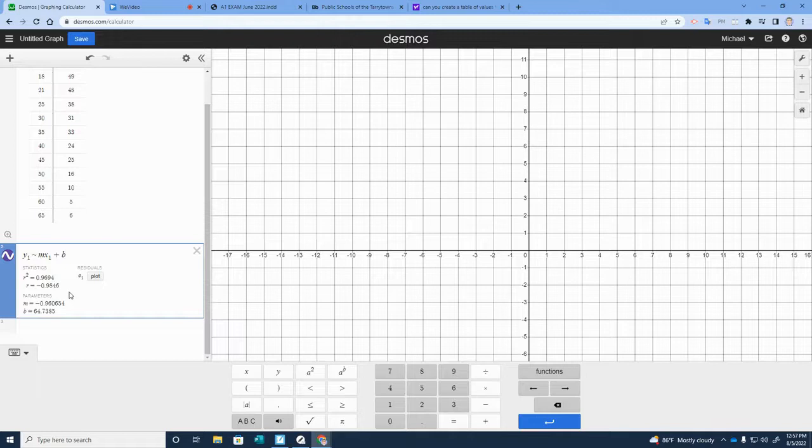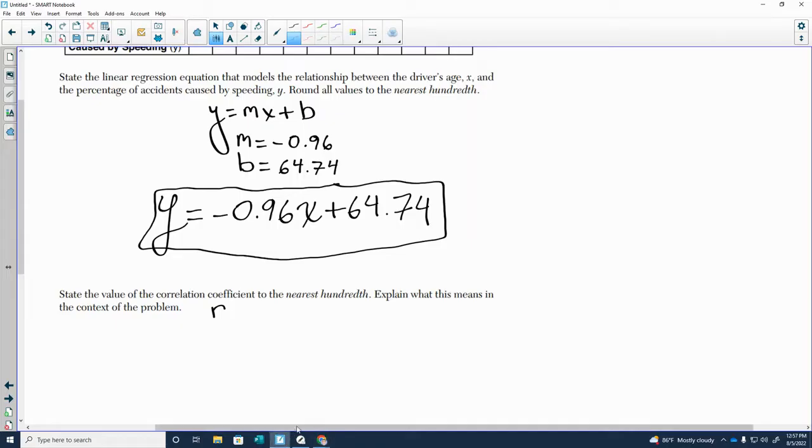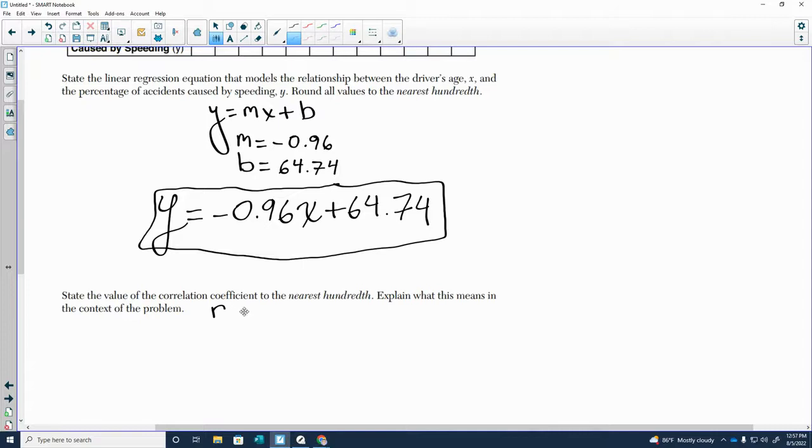That's a small number, so it's going to stay negative 0.98. Equal to negative 0.98. And that is my correlation coefficient. Now let's explain what that means.